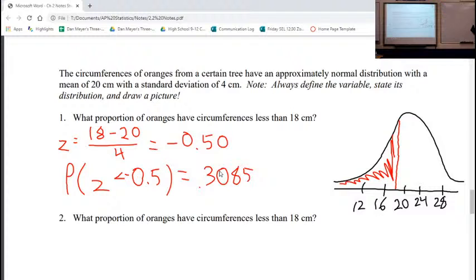Okay. I'm going to change the question on number 2 so that we're not answering the exact same question again. Have circumference greater than 18 centimeters.